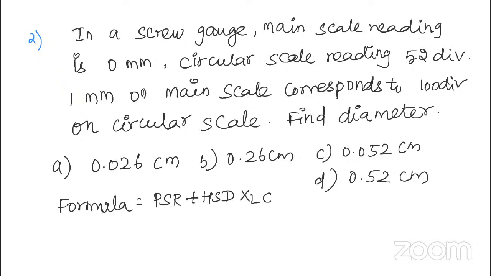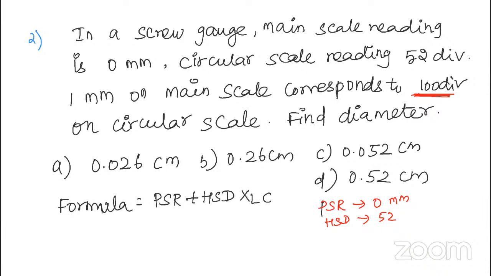Here they have given the PSR value as 0 millimeter, and the HSD value is 52. The circular scale has a total of 100 divisions, so there is no dividing. We can substitute the values directly and take 52 for our calculations.